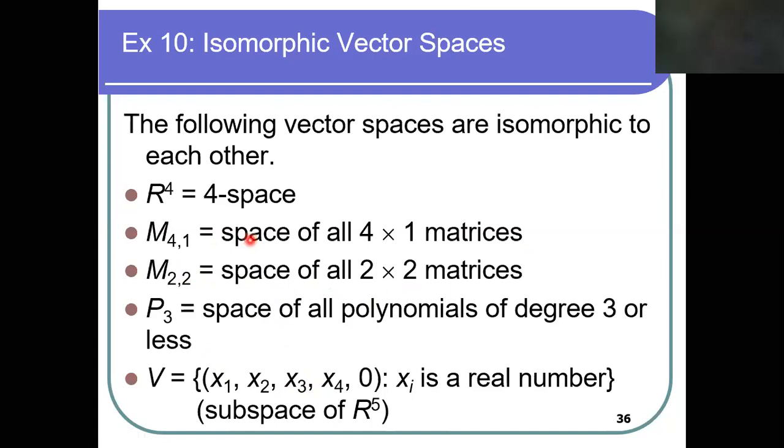It again has four vectors of 4 cross 1. So these are all isomorphic.